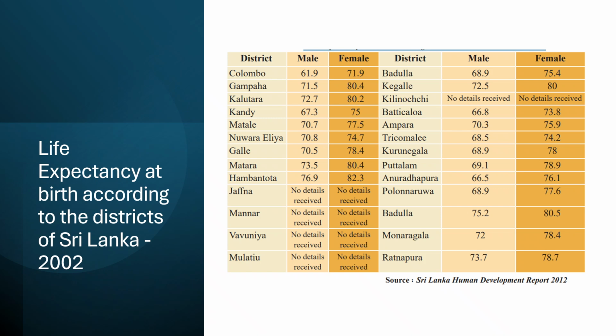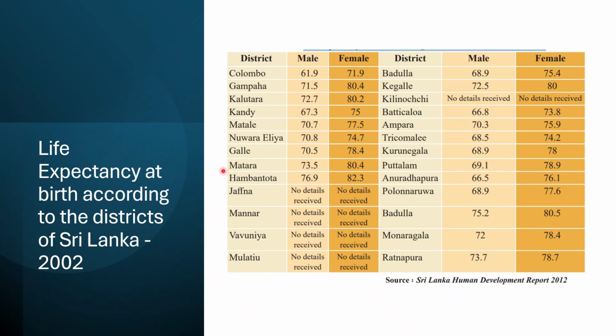Life expectancy at birth according to the districts of Sri Lanka, 2002. Now we have another big chart. We took Colombo and Kandy as examples, so this time we're taking Galle.